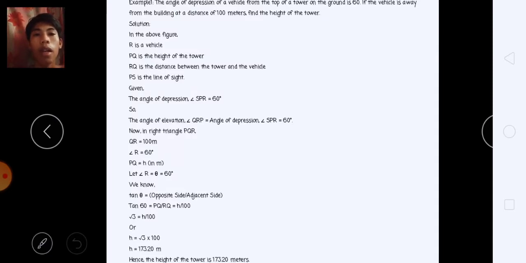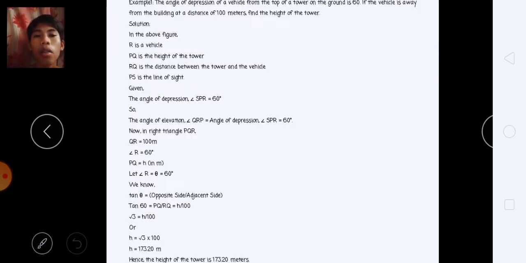Given the angle of depression, angle SPR, is equal to 60 degrees, so the angle of elevation, angle QRP, is equal to the angle of depression. So angle QRP is equal to 60 degrees. Now in right triangle PQR, QR is 100 meters and angle R is 60 degrees.